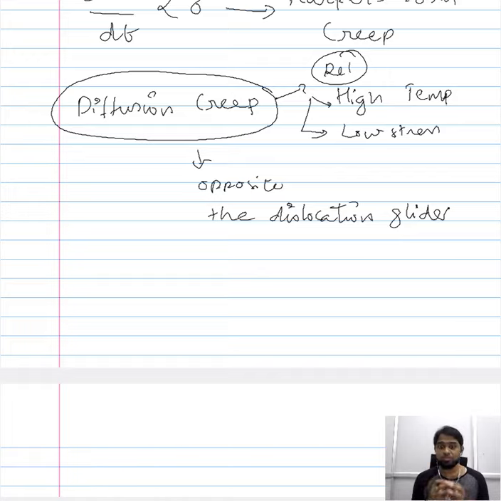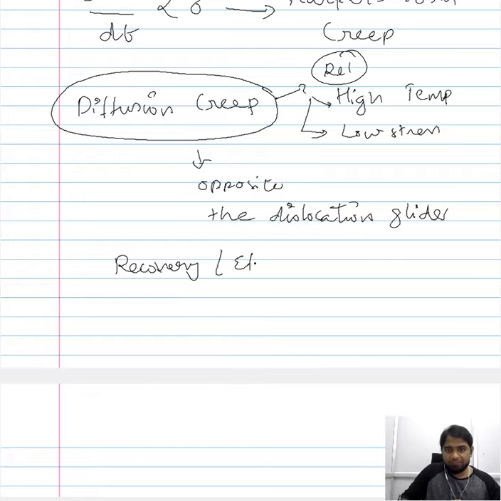Here the influence of the temperature is going to be dominant. So in the dislocation glide, we had the strain hardening dominant over the recovery. Here the recovery, or the effect of temperature, would be dominant.